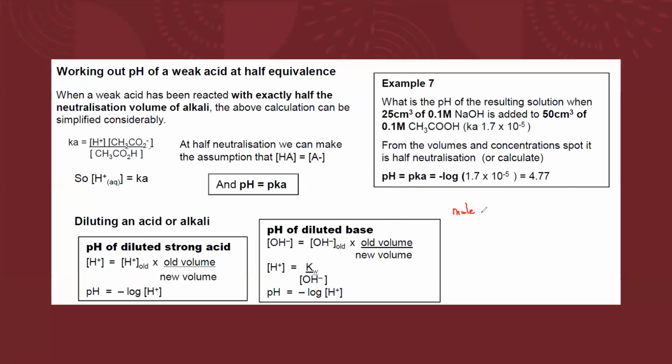Moles is concentration multiplied by volume, so concentration multiplied by volume equals concentration multiplied by volume. If I say this is the new concentration, new volume, old concentration, old volume, then to find the new concentration, I just divide the product of concentration and old volume by the new volume.